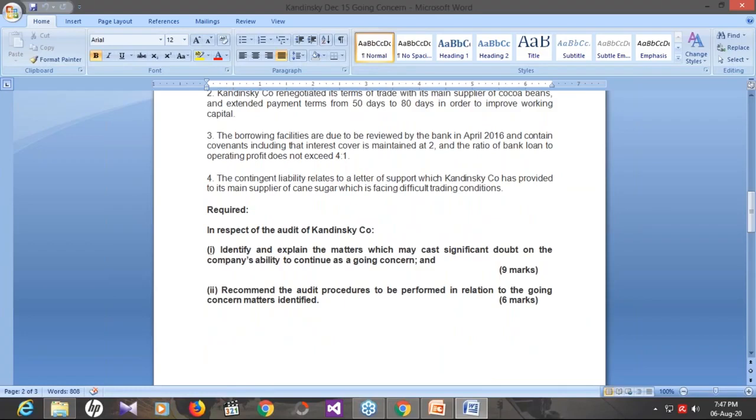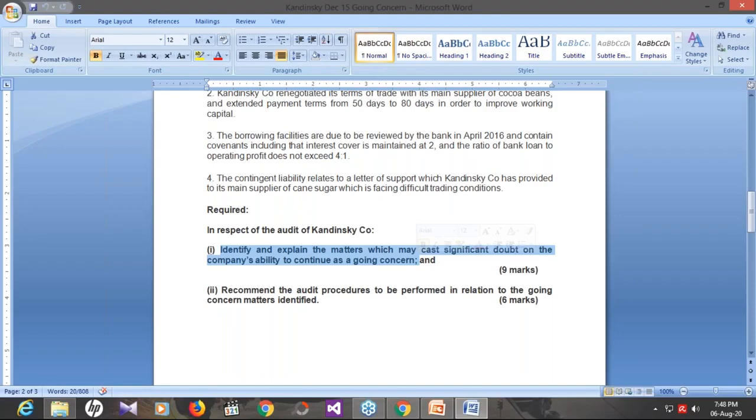So the requirement is to identify and explain the matters which may cast significant doubt on the company's ability to continue as a going concern. So you have to identify the factors, but you don't need to just identify the factors, you have to explain them. You have to explain why it will have a bad impact on the ability of the company to continue as a going concern, or why it will have a cash flow problem.